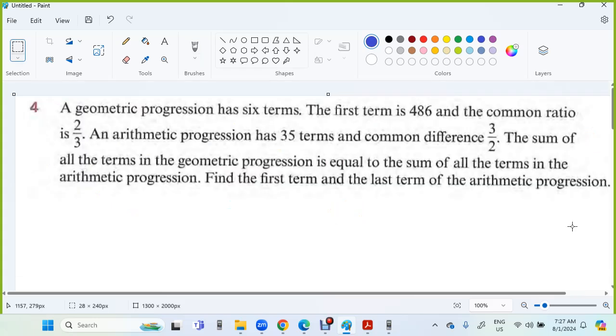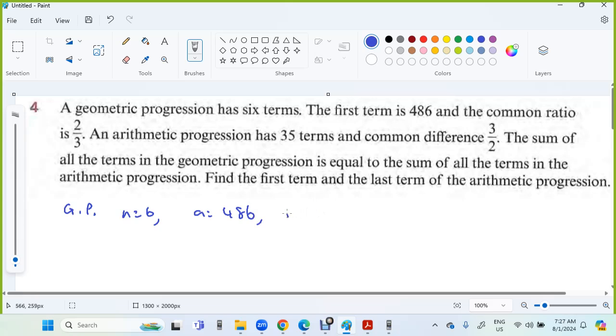Question number 4. A GP has six terms, n equal to 6, a is 486, r is 2 over 3. And an AP has 35 terms, d is 3 over 2.